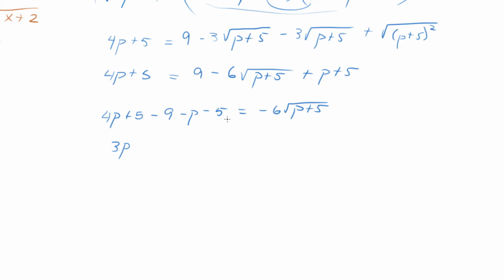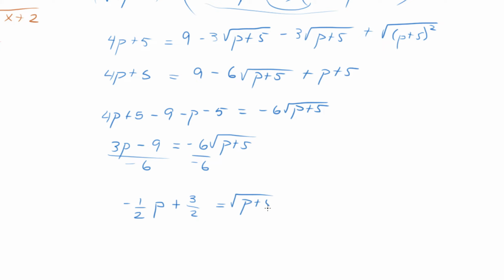We have 5 minus 5, which is 0, so this is 3p minus 9 equals negative 6 radical p plus 5. Okay, we divide by negative 6 on both. 3p divided by negative 6 is negative 1/2 p, sorry. And then negative 9 divided by negative 6 is positive 3/2. That's equal to radical p plus 5.